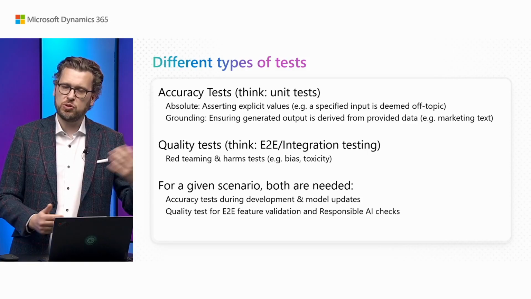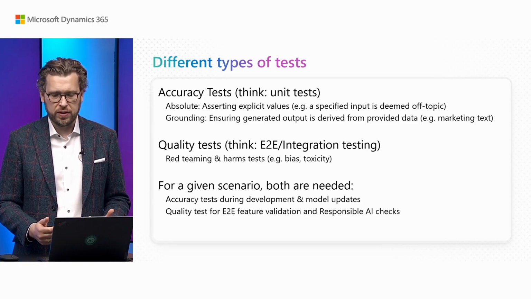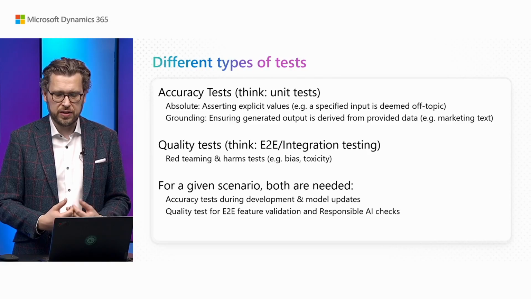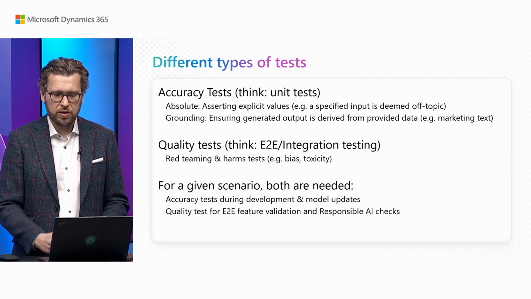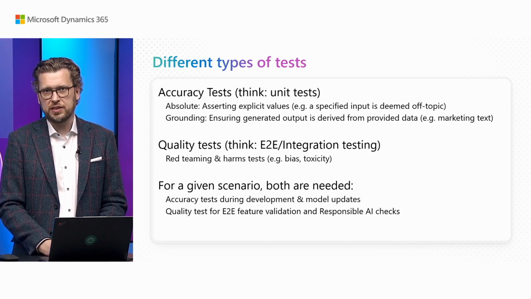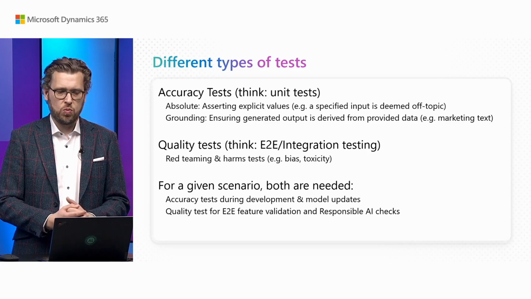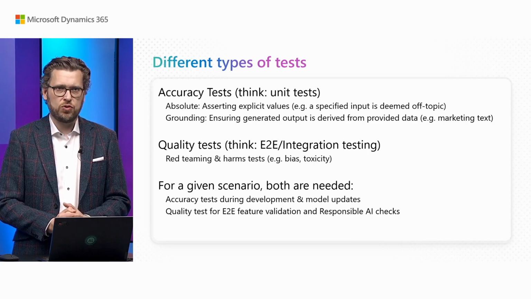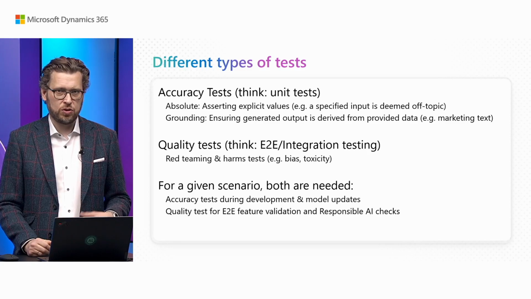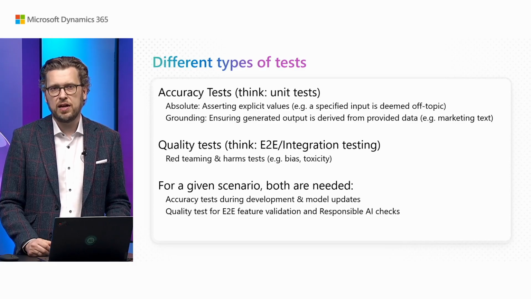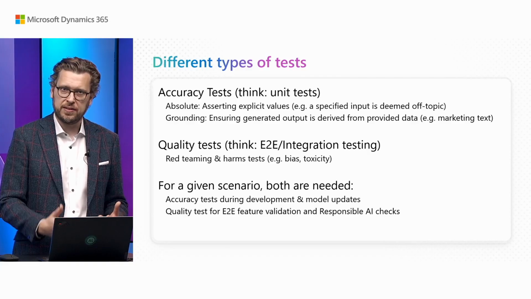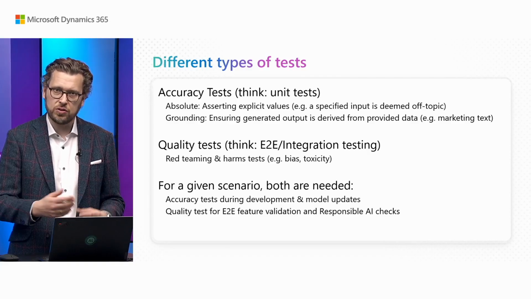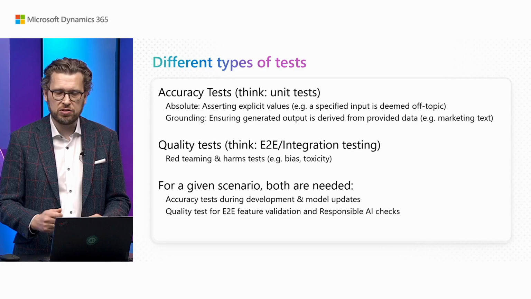So they could be absolute tests where they assert whether some explicit value is being returned or met as the outcome of this. It could also be a grounding test where you want to make sure that if you are asking for some bicycles, for example, what gets returned are actually bicycles in the inventory, right? So those are these accuracy tests.